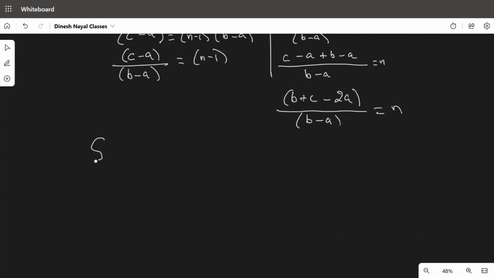So now we know Sn. Writing the formula for Sn, which is equal to n by 2. We know that this is the first term and the last term. What is n?